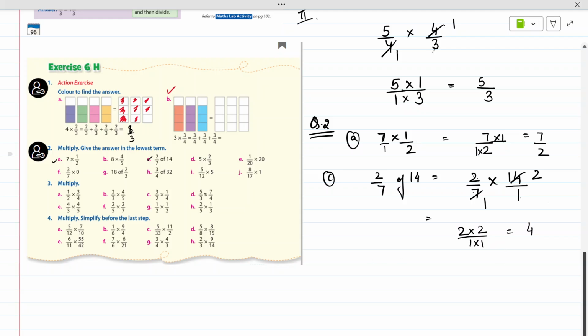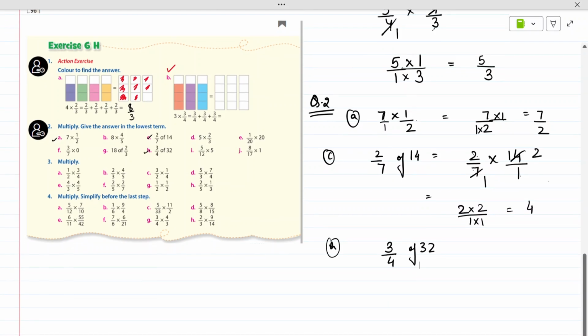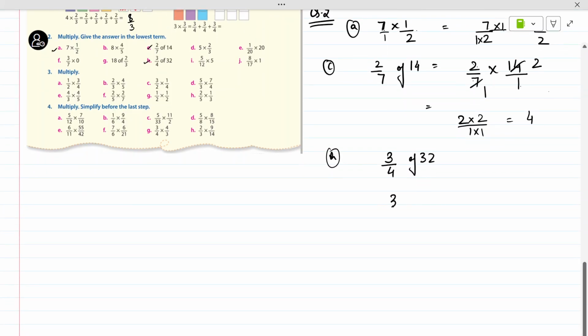Now I'm doing two more questions. I'm doing the H part where we have to find the 3 by 4th part of 32. So we have 3 by 4 of 32. Of will be replaced with multiply. And now we do not have anything in the denominator of 32, so I am writing it as 32 by 1.